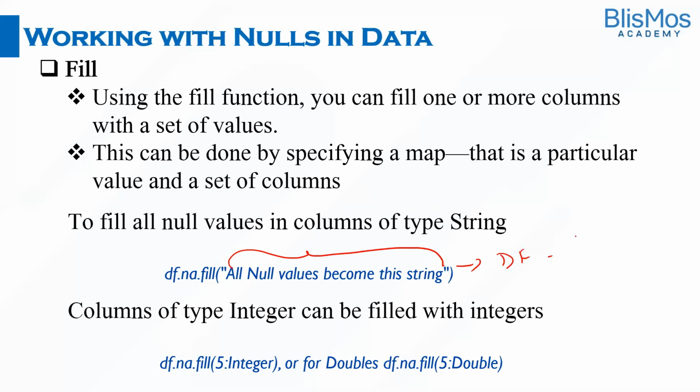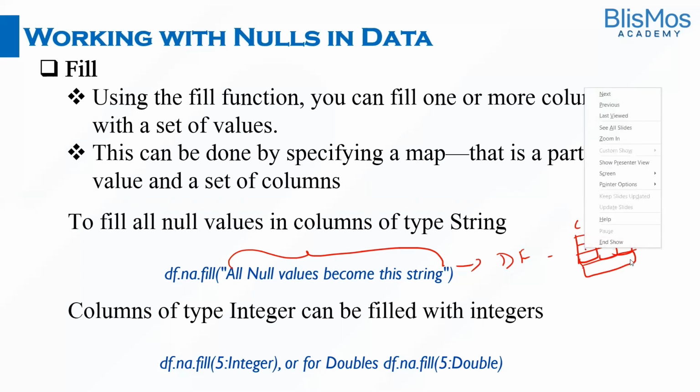Assuming that you have a data frame with 3 columns: column 1, column 2, column 3. It doesn't matter where the null value is. Assume that a null value is here and a null value is here. It will fill all the null values in all the columns. That is one usage. But sometimes that may not be the case.